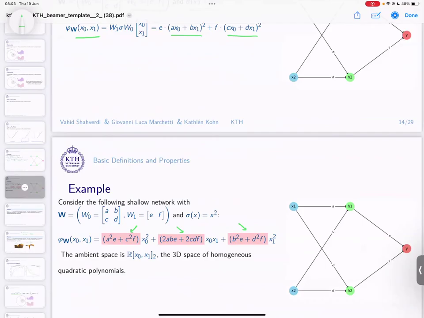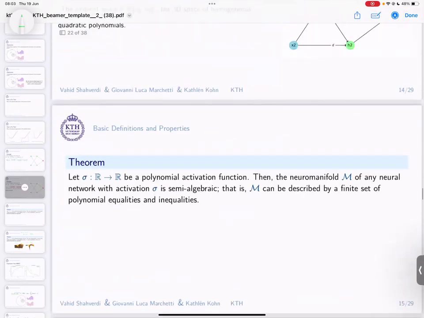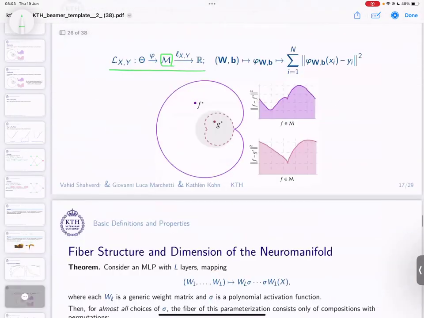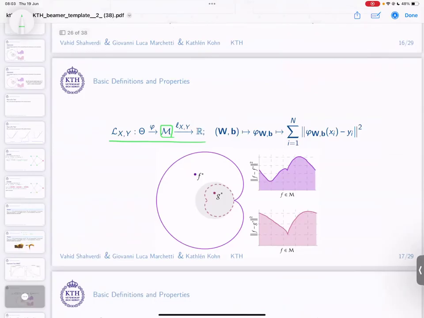So what's becoming finite dimensional is the ambient space. In many senses, it becomes easier to see this loss function, or at least this optimization, when the ambient space is, I don't know, R^1000.